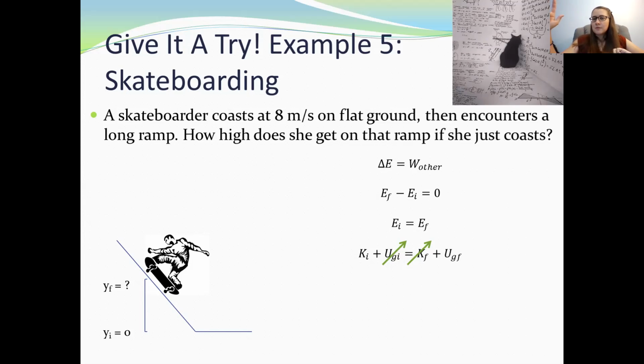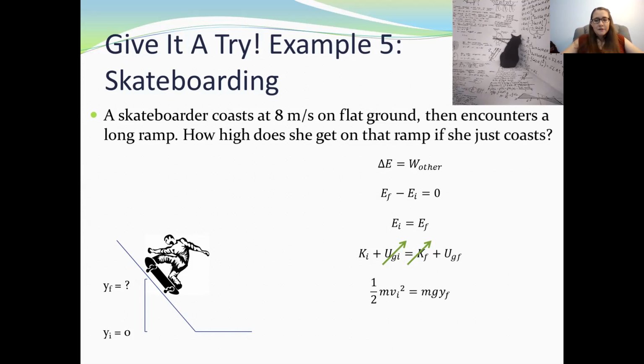So at that moment, when she's at the maximum height, her kinetic energy is 0 because her velocity is momentarily 0. And remember, kinetic energy is 1/2 mv squared. So once her speed reaches 0, then her kinetic energy will be 0 as well.